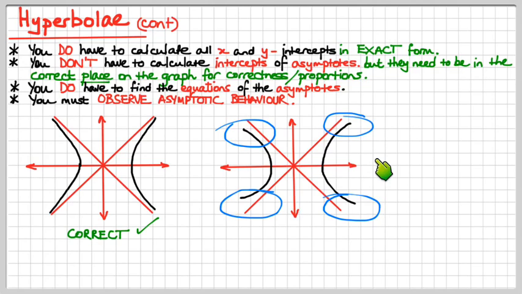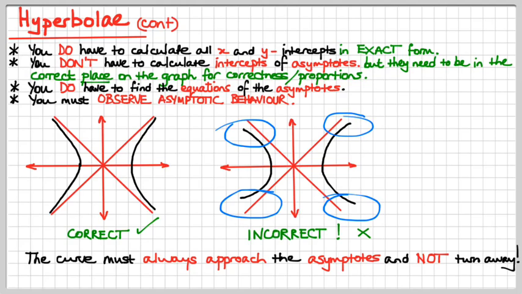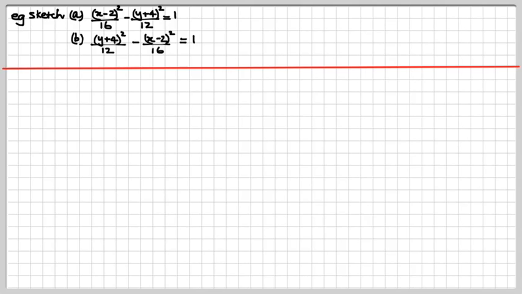That would lose you marks, guys. Please take a ruler into the exam and make sure that you get that bit right. It's not worth risking it with freehand. Yeah, that's absolutely wrong. The curve must always approach the asymptotes as x increases in the positive or the negative and not turn away. I hope you heard that, and sorry for the rant.